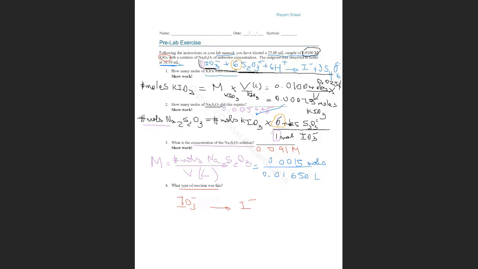If we balance the equation, 6 electrons plus 6 protons plus iodate produces iodide and water.